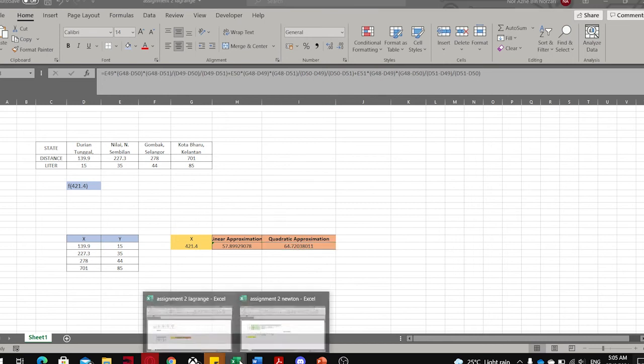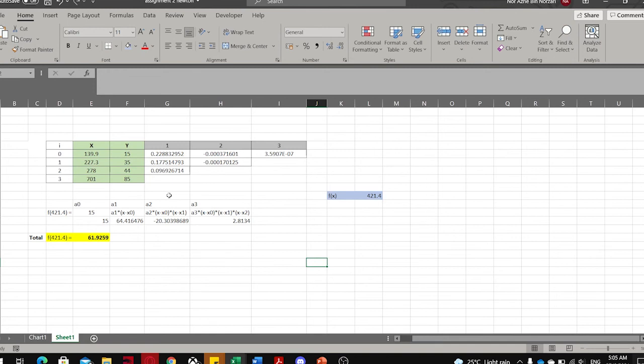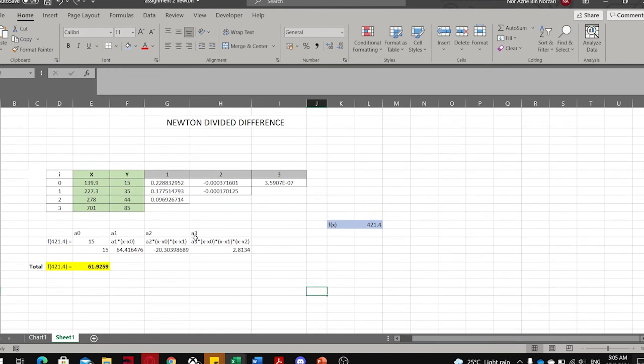Next, we continue with Newton divided difference. So this is our data here, and to find the values of 1, 2 and 3 in this column, we insert the Newton divided difference formula, which was also taught in our lecture.